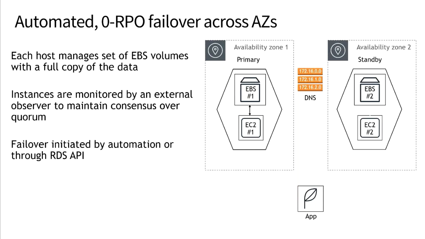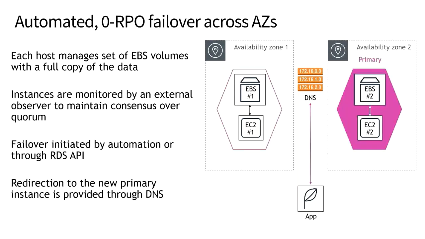In the case of a failure, if either the automated monitoring system in RDS detects a failure, or if you trigger a failover on your own programmatically through an API, then we can redirect the database via DNS to what used to be the standby database, and now it's becoming the primary database.